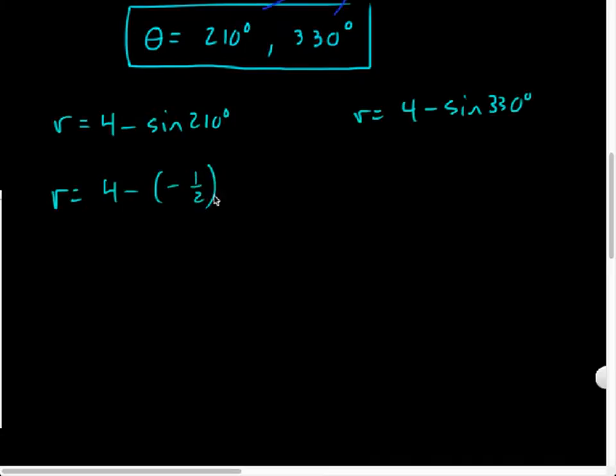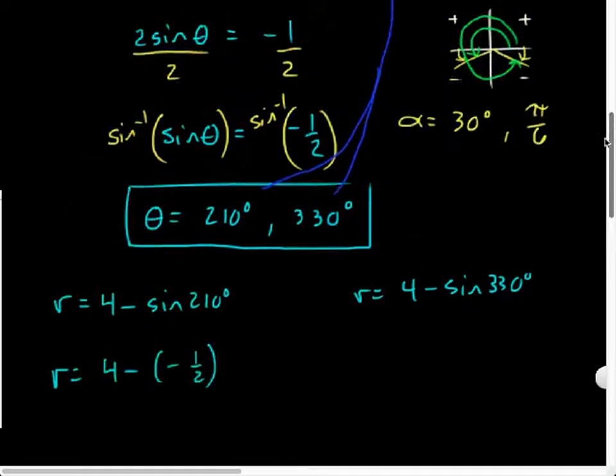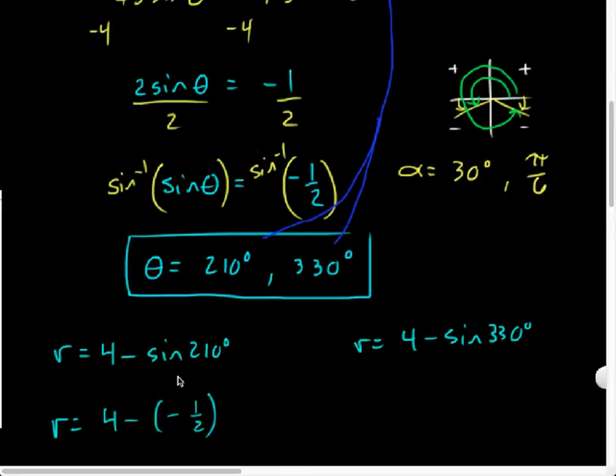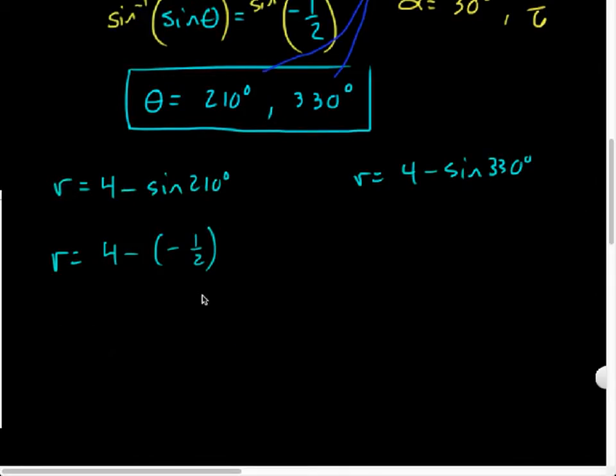It's negative a half, because I calculated it backwards here and now I'm recalculating it to get the negative 1/2. Actually, I probably could have just said negative a half is equal to sine of theta, and then plugged that into the equation. But whatever. So I'm going to get plus a half, so r is equal to 4.5.